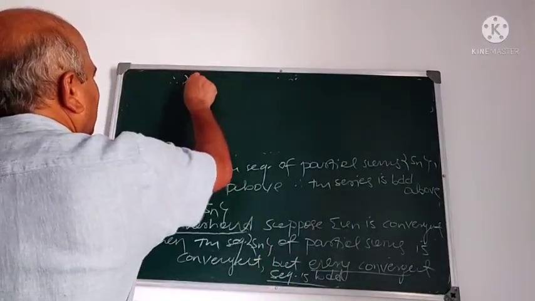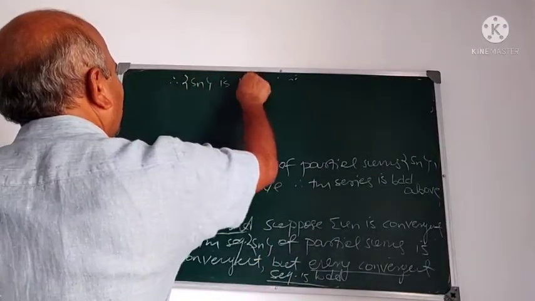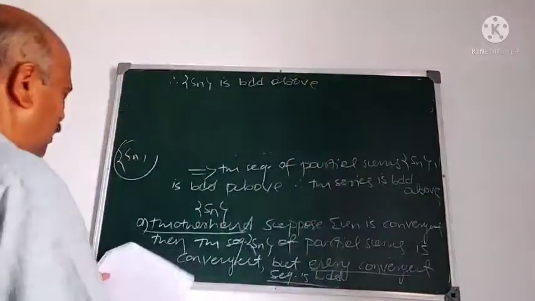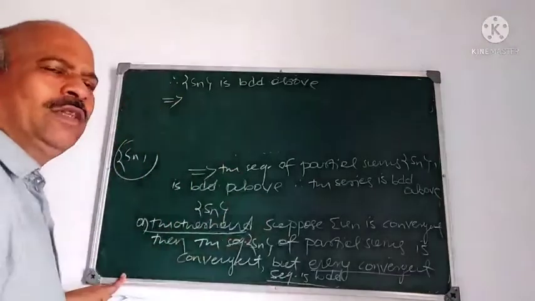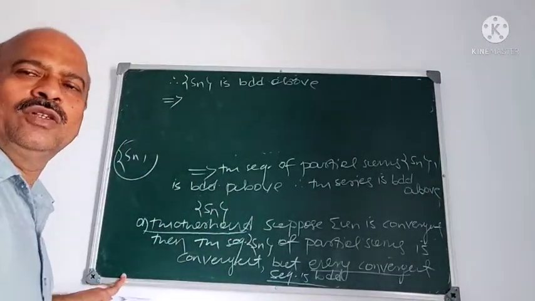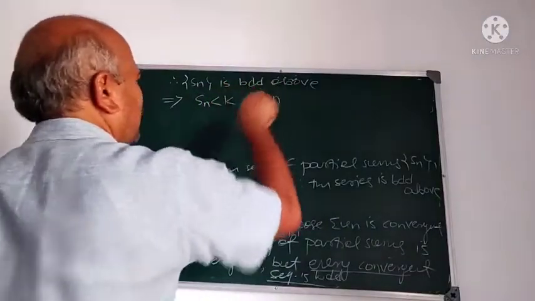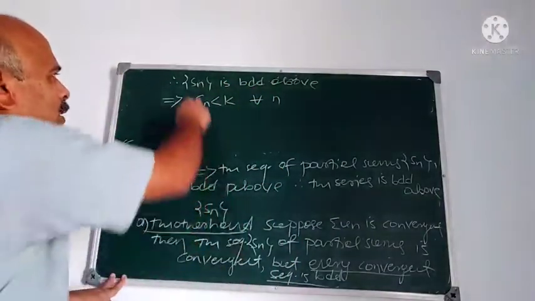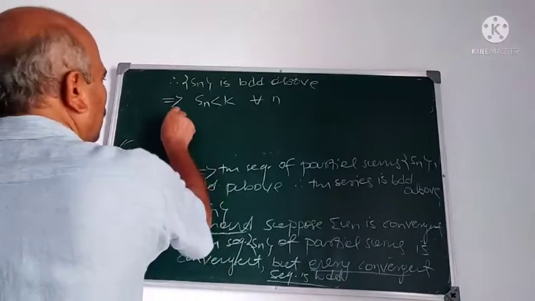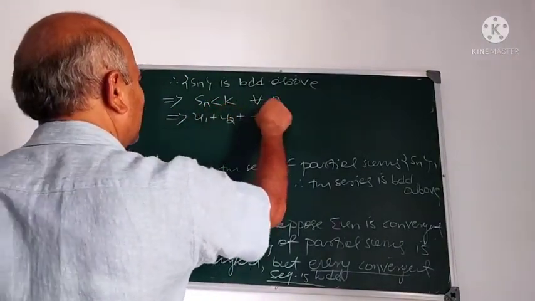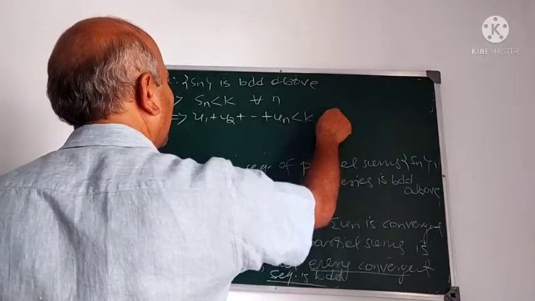Therefore, Sn is bounded above. This implies Sn is less than k for all n. When do you say that a sequence is bounded? That also you have studied in sequences. Then you say that the sequence is bounded above. This implies u1 plus u2 plus etc plus un is less than k for all n.